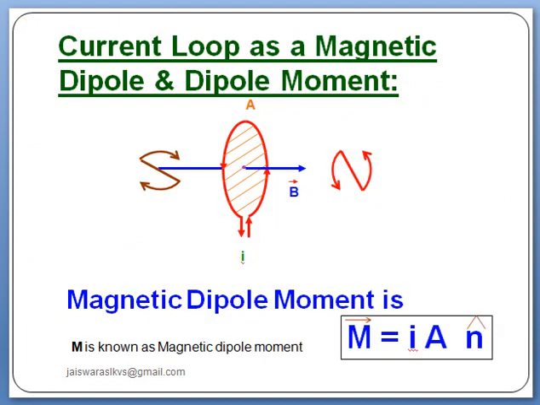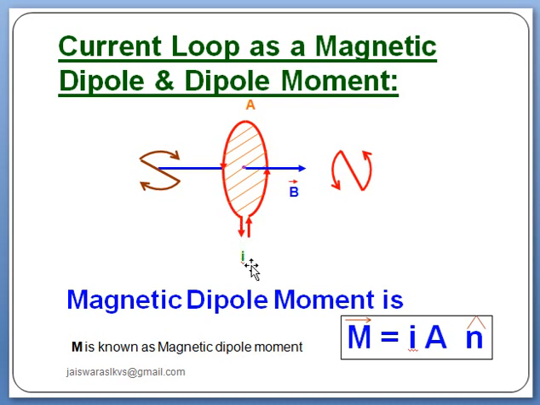Let us see second point, that is very important. And what is it? The current loop as a magnetic dipole and dipole moment. See, suppose this is a current carrying circular loop. The direction of current is here. From this arm it is going like this, and here it is coming like this.